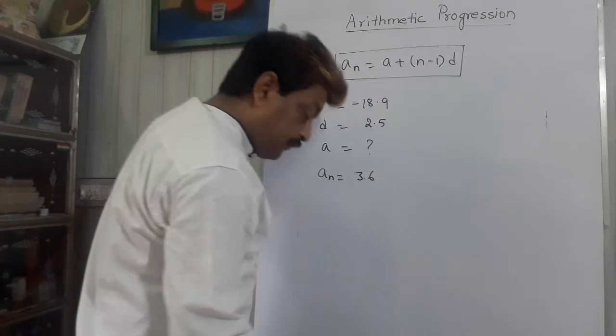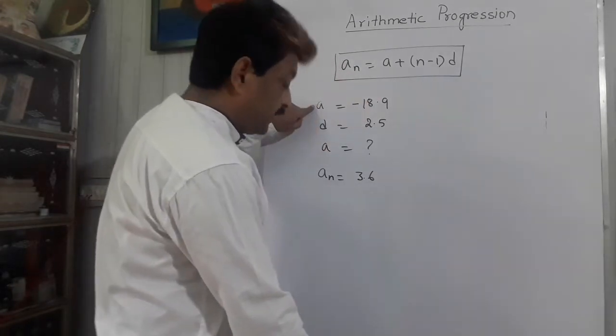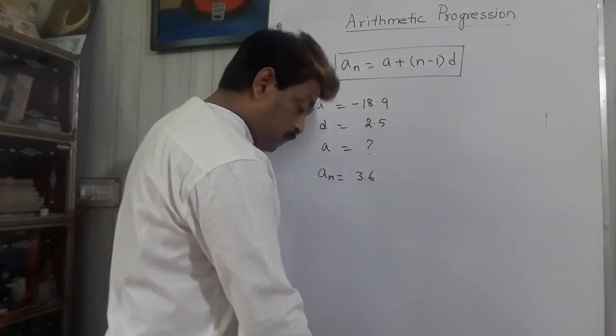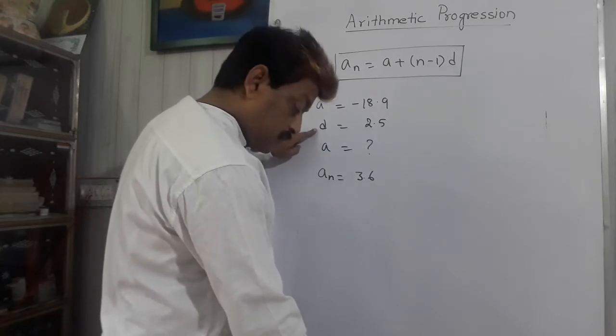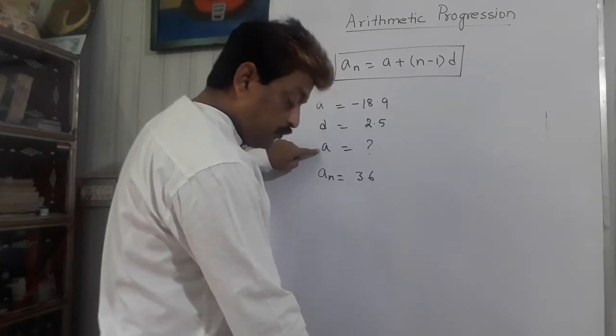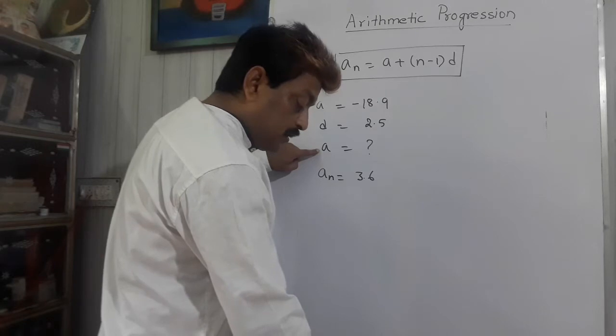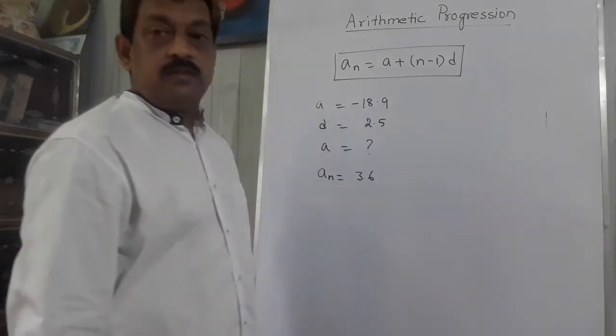Once again, the first term is given as minus 18.9, the common difference is given as 2.5, the number of terms n is not given, we have to find it, and the nth term 3.6 is given.